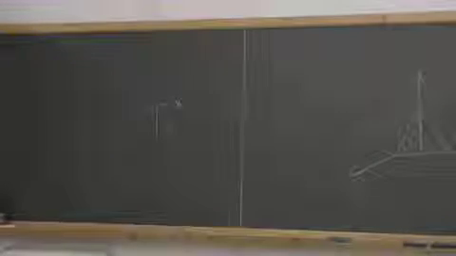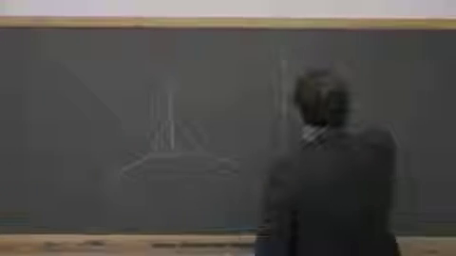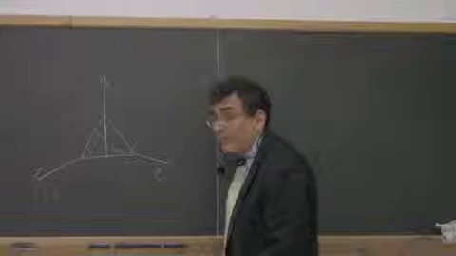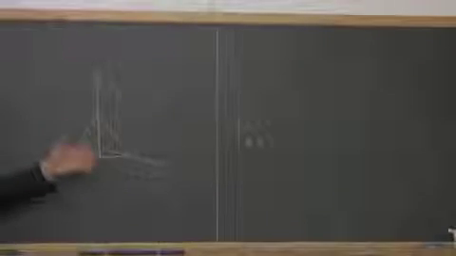Then you have the face F n epsilon, which is the triangle having normal n.